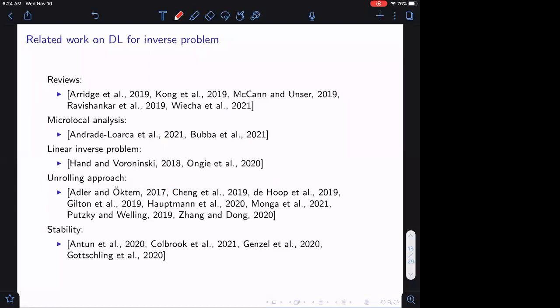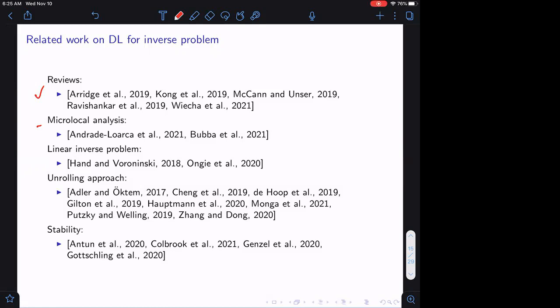Before I go into the details, I just want to say that deep learning for inverse problems has become quite a large field, and in the recent 3 or 4 years, many papers have appeared. Starting from the review articles, in which many people in the audience, I believe, have been involved, there is also the approach based on microlocal analysis, which is very close to what I'm going to explain to you.